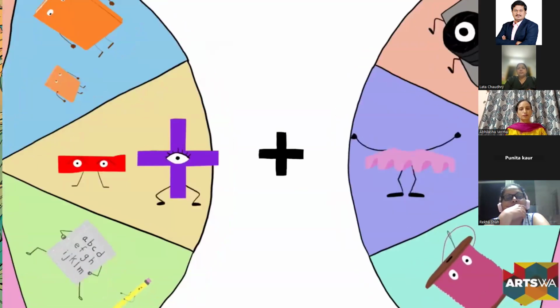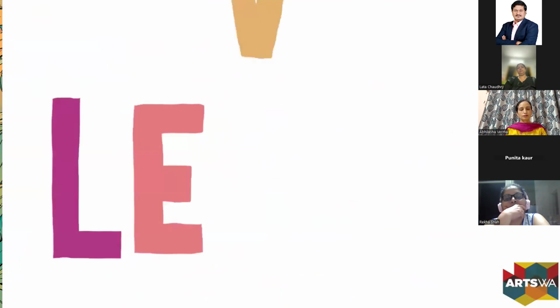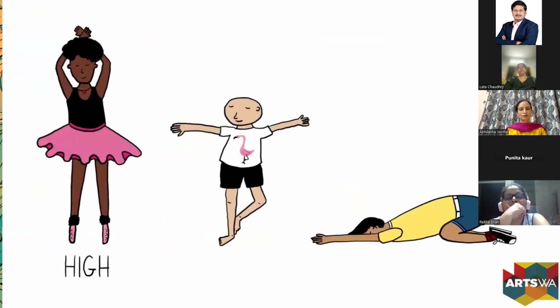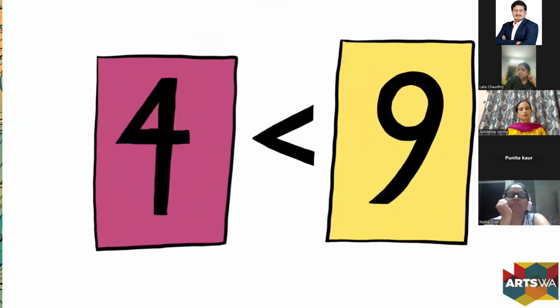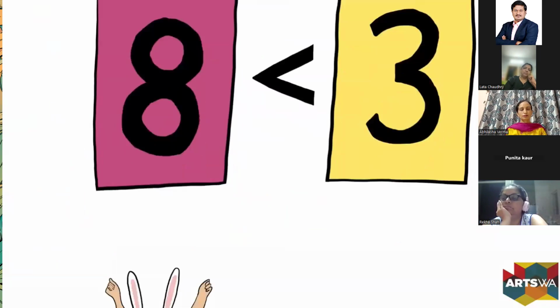Here is an example integrating math with dance. We can learn the math concept of greater than or less than through an element of dance called levels. In dance, there are high, middle, and low levels of movement in space. Working together, students can compare the different values of numbers using levels.